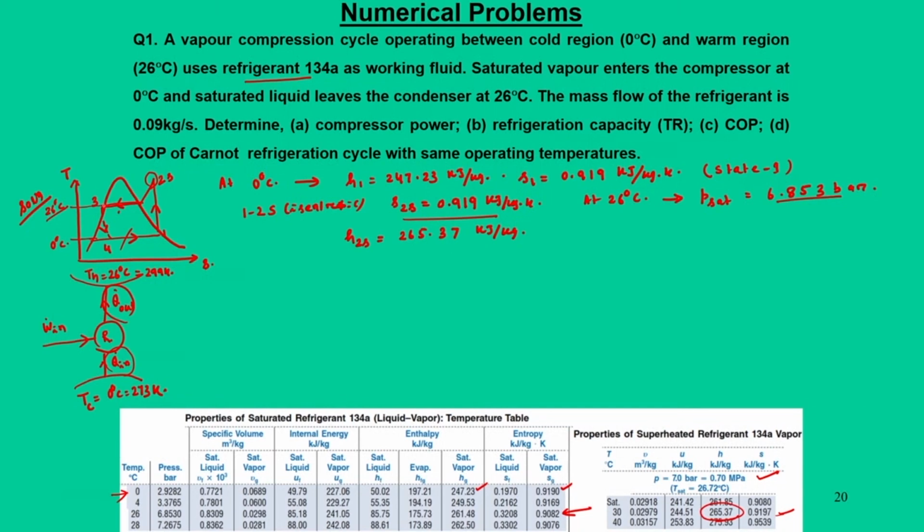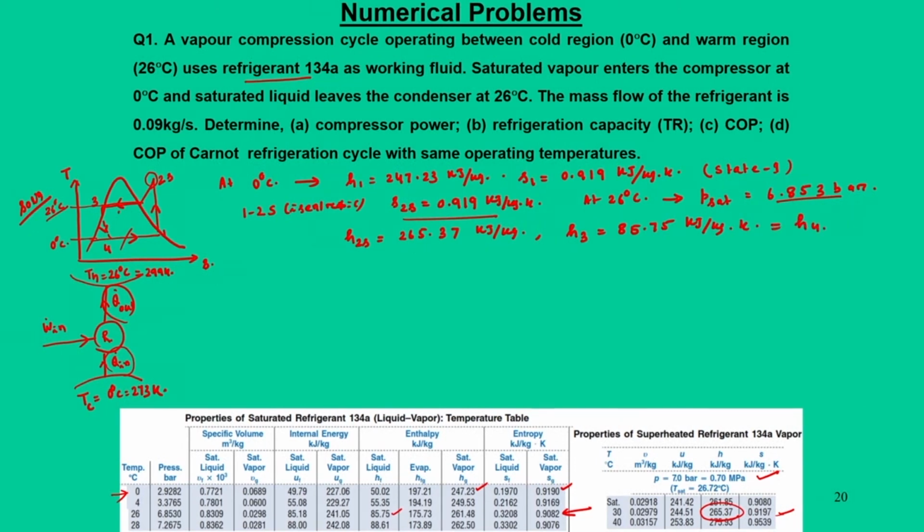So, H2s is known, and state point 3 is at 26 degree centigrade, saturated liquid state, where the enthalpy is 85.75. So, H3 is 85.75 kilojoule per kg, and this is also equal to H4 because the throttling process has H3 equal to H4.